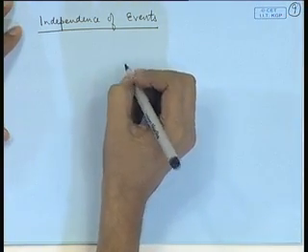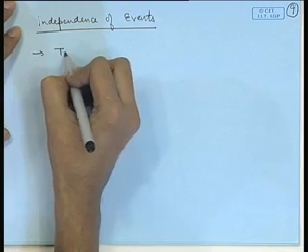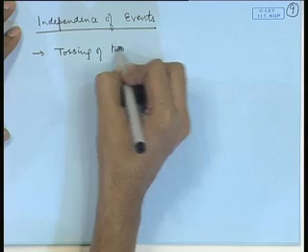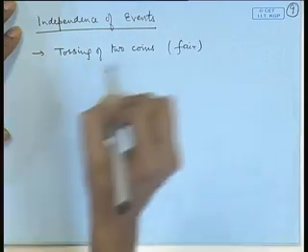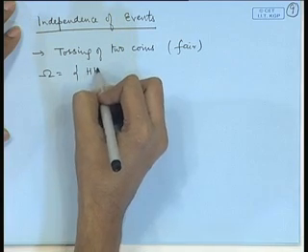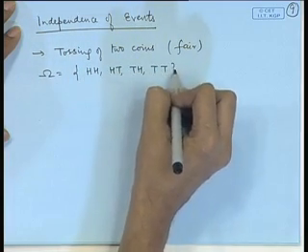Let us consider, suppose, tossing of two coins. Suppose they are fair coins. So my sample space here is HH, HT, TH and TT.